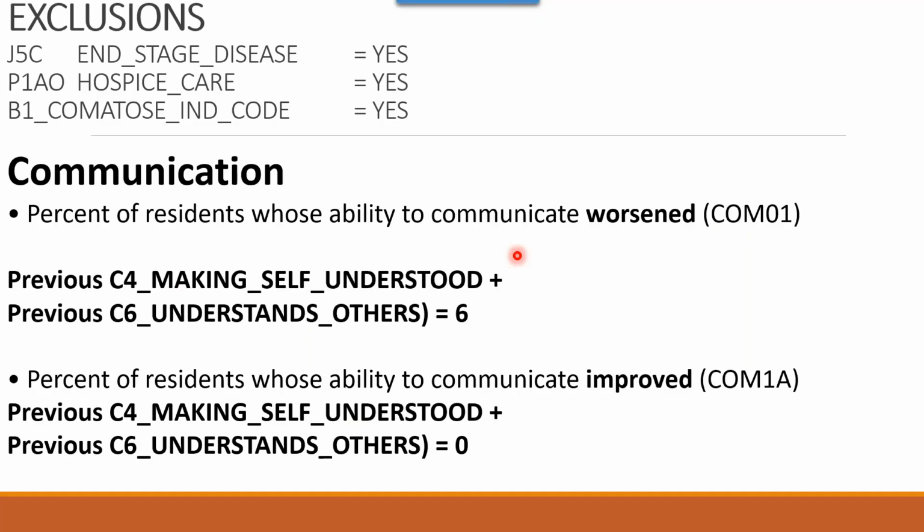Okay. So let's look at exclusions now. Now we know we have up to 4 exclusions for every single assessment, those 4 that we talked about when we first started. But at the item level, at the quality indicator level, we can see that the communication score will see an exclusion for any people who have end-stage disease, require hospice, or are in a coma.